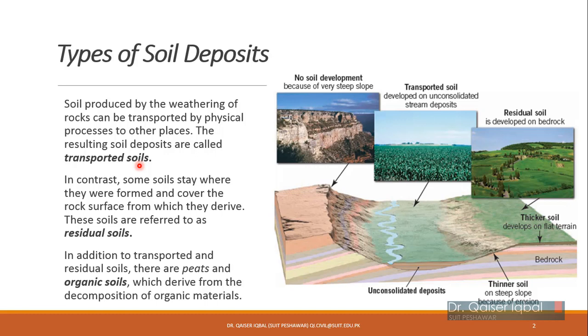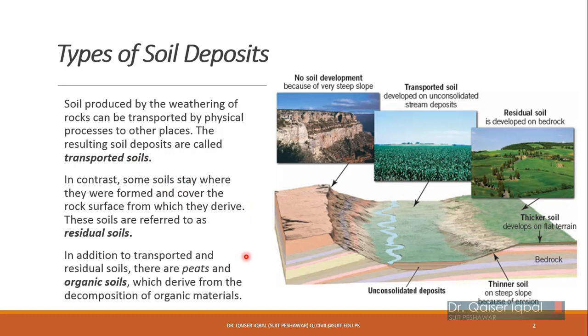In contrast, the soils that stay where they were formed, where they were fragmented from rock, are known as residual soil. So if the rock is weathered and the soil remains at the same place, it is called residual soil. But if the soil is transported from the place of weathering by various forces, which we are going to discuss today, to other locations, then it is known as transported soil.